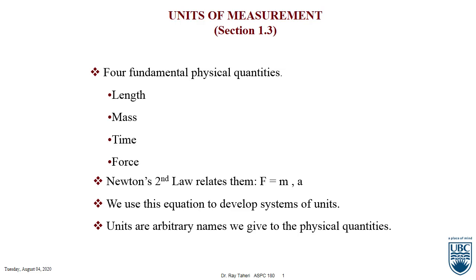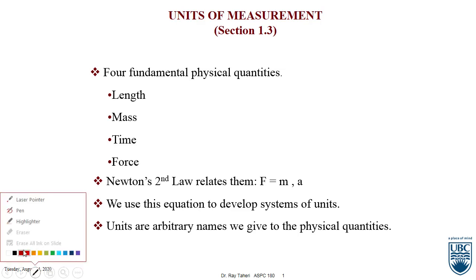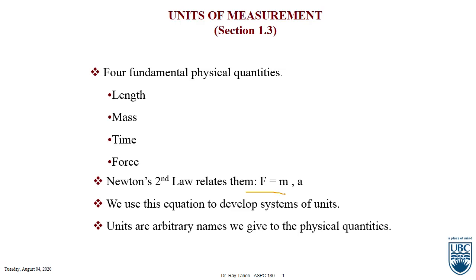Force, for example, has the unit of Newton in the SI system, mass is kilogram, and acceleration is meter per square second. So this relates the most important quantities: time, force, mass, and length.